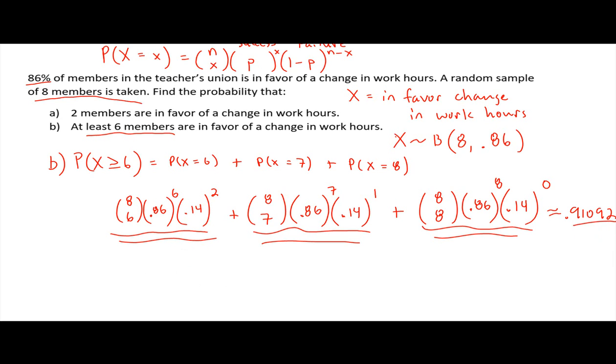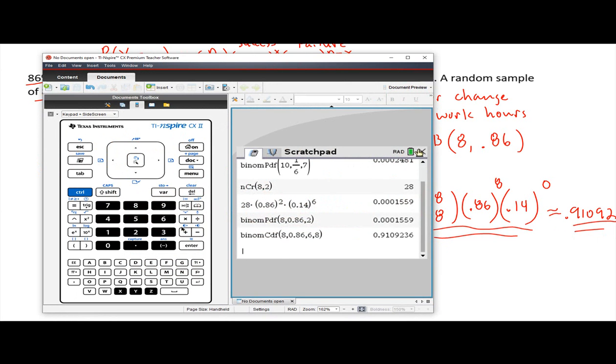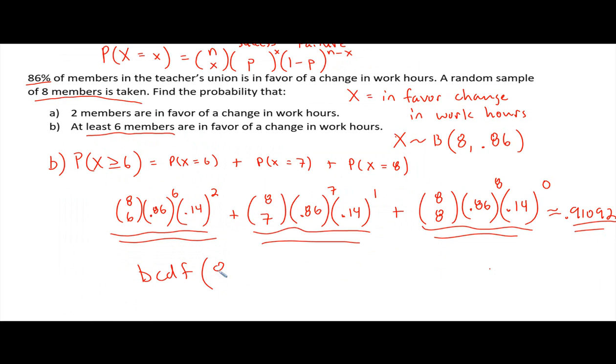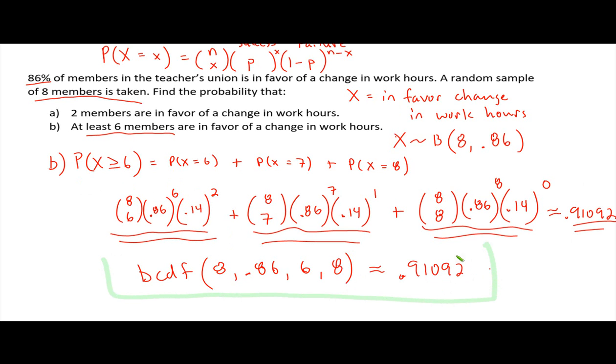So if you were to calculate all of this and punch in the numbers in the calculator, you will get the same exact answer as using binomial CDF, with 8 number of trials, success was 0.86, lower bound was 6, upper bound was 8. It's very important for you to understand that some of the easier questions, you can just put this in the calculator and get the answer.